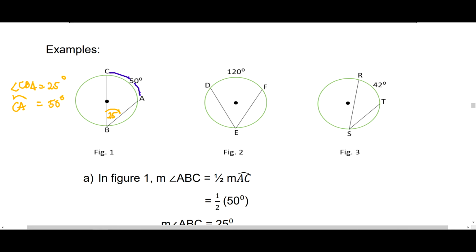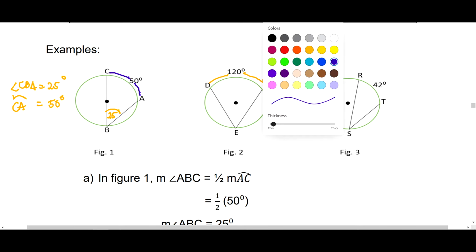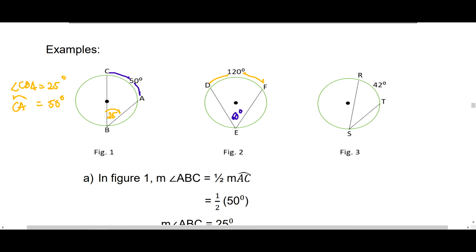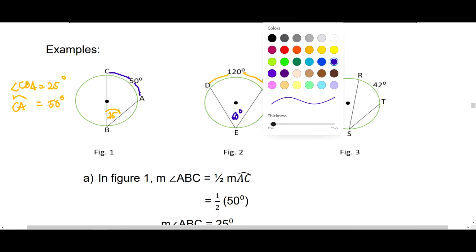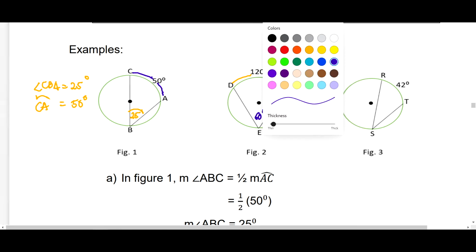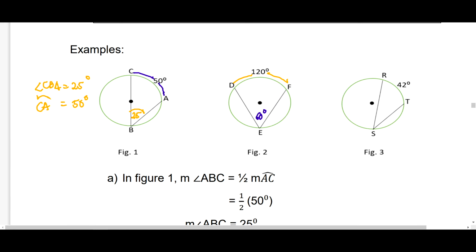Okay. So, dito, if this is 120, anong kalahati ng 120? That is 60. And this one, ayan. If this is 42, anong kalahati ng 42? That is 21. So, kung 21 si RST, 21 times 2, so arc RT is equal to 42.